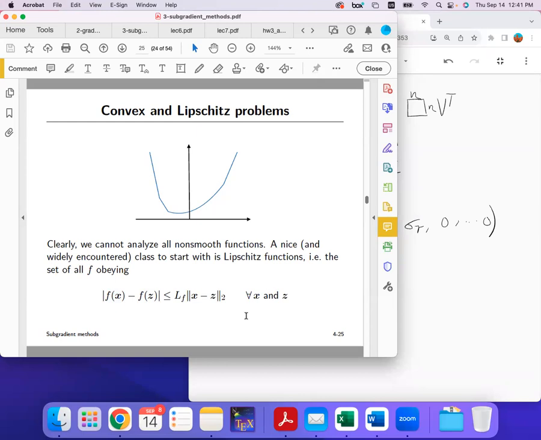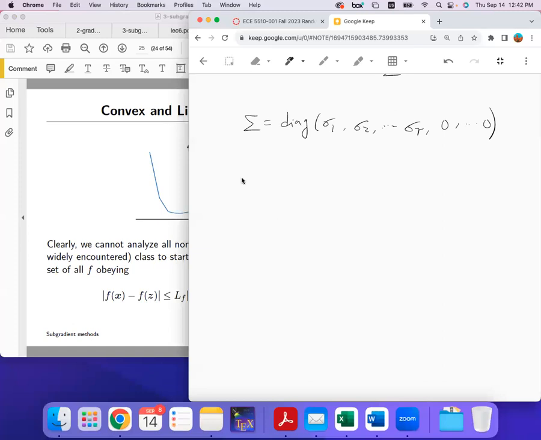Remember in the previous lectures when we defined the smooth functions, one of the definitions is to say that the gradients are Lipschitz continuous, right? L-smooth means that the function is differentiable and the gradient is Lipschitz continuous.